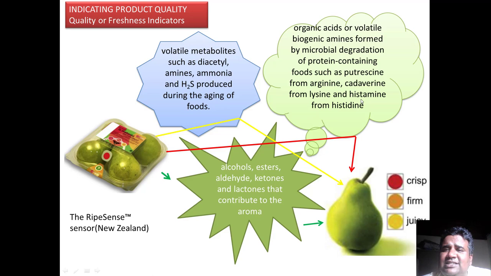What are the biogenic amines? Histamine is a biogenic amine, cadaverine is a biogenic amine, and putrescine is a biogenic amine, and they are formed by the microbial degradation of protein. These are formed from amino acids, and they can be detected by the indicator, which can then change the color.